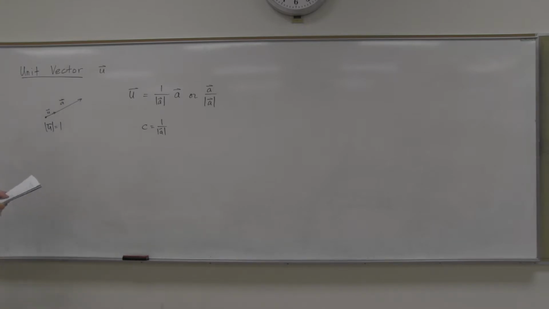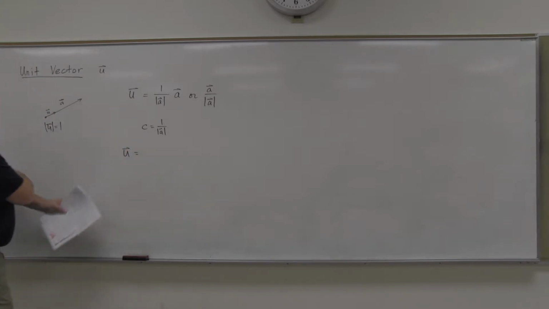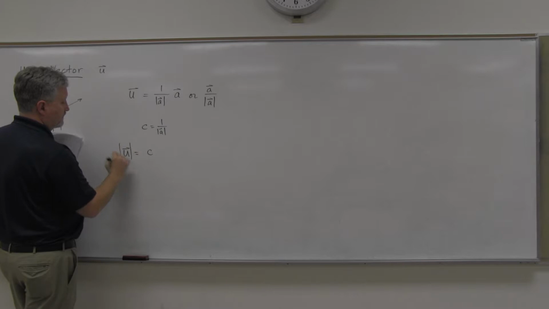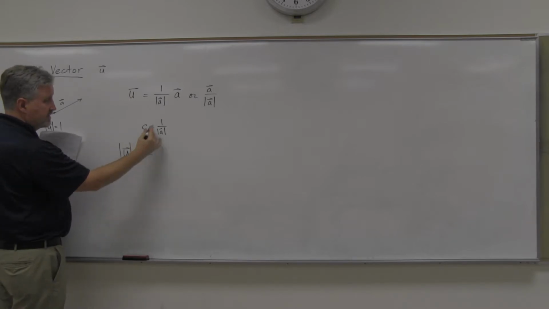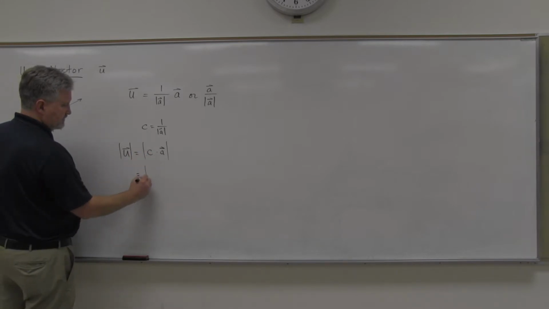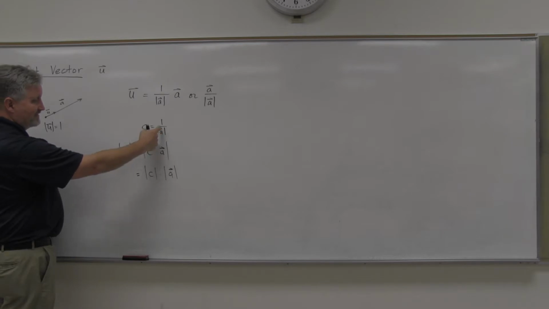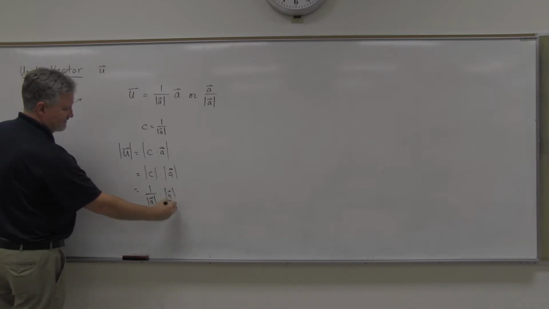Then if we take a look at the magnitude of U, we've got U as some multiplier times A, and so that magnitude is equal to the magnitude of C times the magnitude of A. But the magnitude of C is just a number, so those two just cancel out.